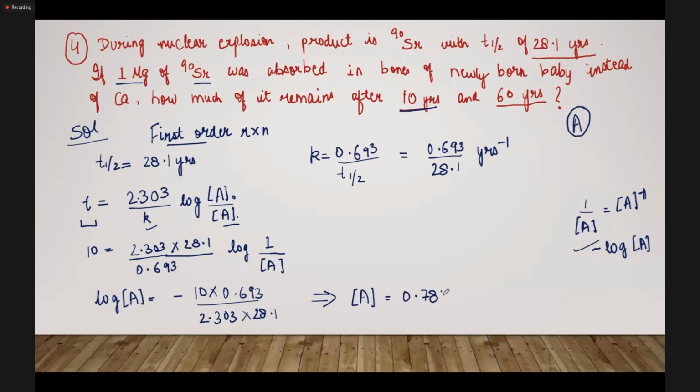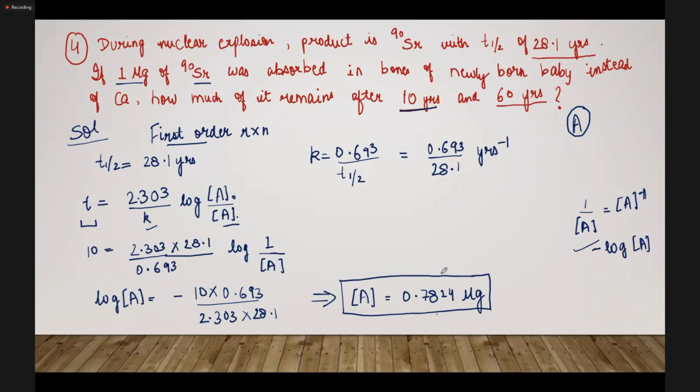0.781. And because our initial mass, initial concentration, is in terms of micrograms, the final value that comes will also be in terms of micrograms, like this. Okay, so you need to pay attention to the units. The unit should be constant, you should be uniform in the whole question. So this is the final concentration, how much of it will remain after 10 years.